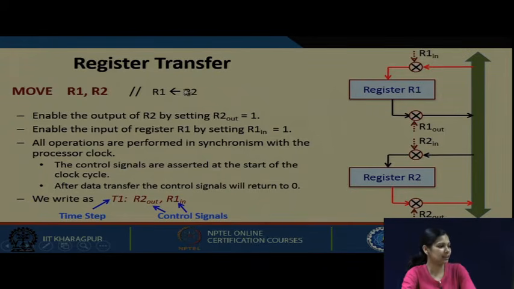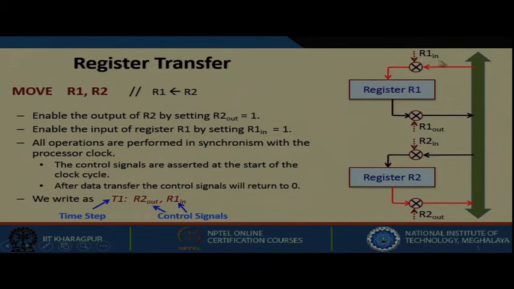Let us see this register transfer. Similarly for each individual register, we will have signals like this. Let us say this is register R1 and this is register R2. For this register, one signal will be R1 in, which makes the data available from the bus to this register, and there will be another signal, R1 out, that makes the data from the register available to the bus.